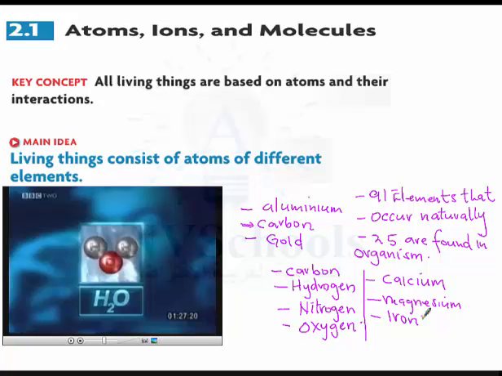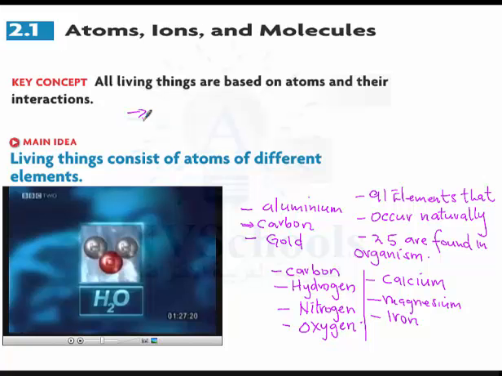In the next unit, the next thing that we will look at is what we call compounds. Compounds are substances made of atoms of different elements.